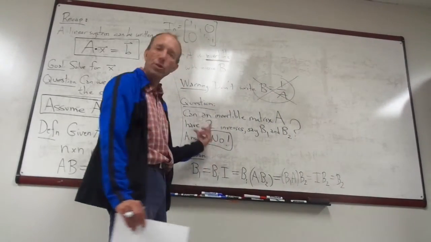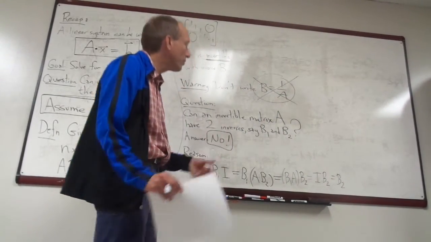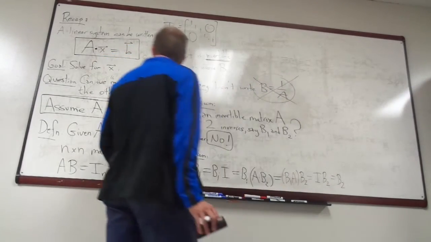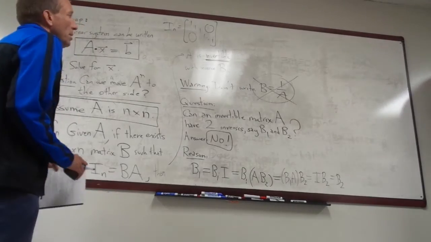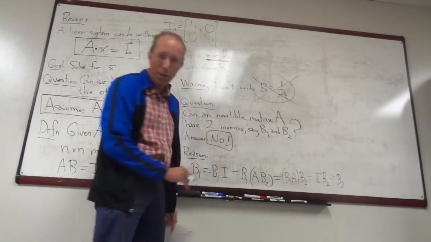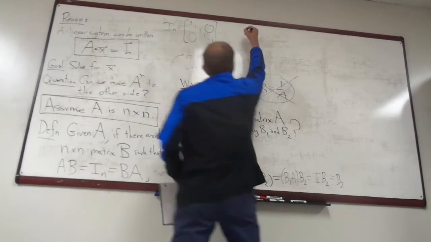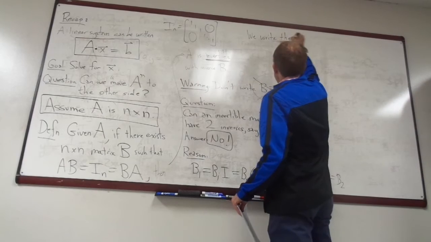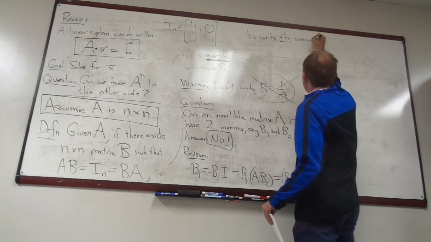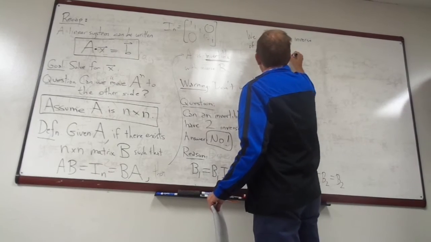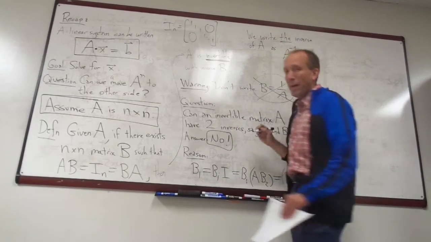So the answer is no. You cannot have two inverses for a matrix. You can only have one unique inverse. Because you can only have one unique inverse, we like to write it in a special way. Okay? So we write the inverse of A as A to the minus 1 power.